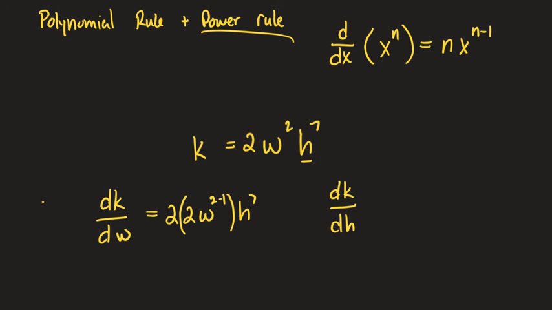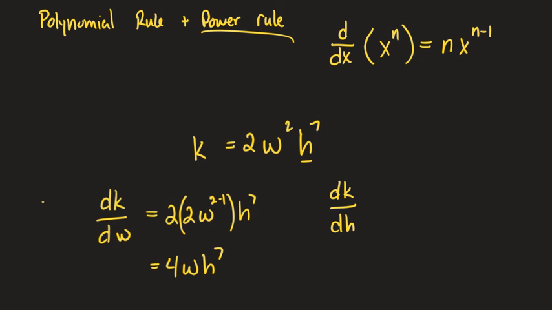For example, 2 times 2 is 4. w to the 2 minus 1 is just w to the 1 power times h to the 7th. 4wh to the 7th is the derivative of k with respect to w. That's the power rule.